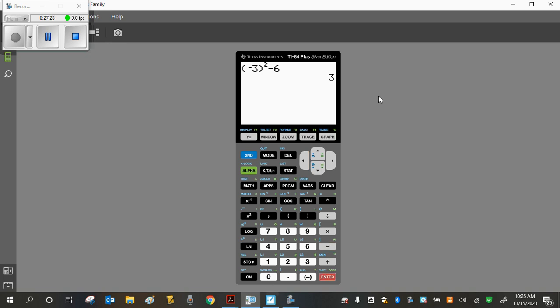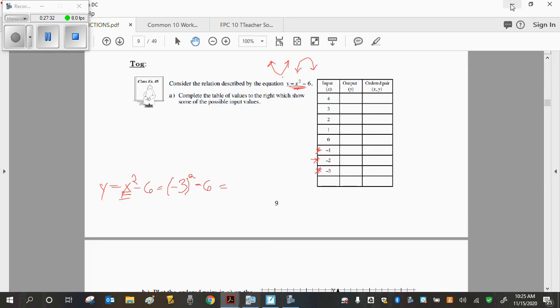And you get 3. Okay, so 3 is the answer. 9 subtract 6 is 3. So that goes here. And we have an ordered pair, -3, 3.